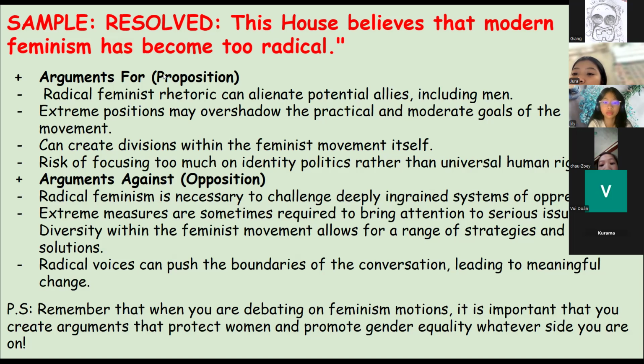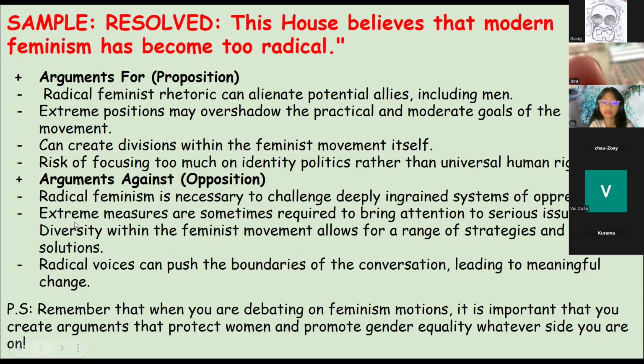It allows for a range of strategies and solutions. Radical voices can push the boundaries of the conversation, leading to meaningful change.